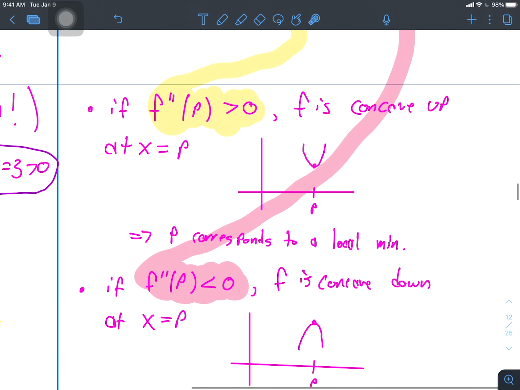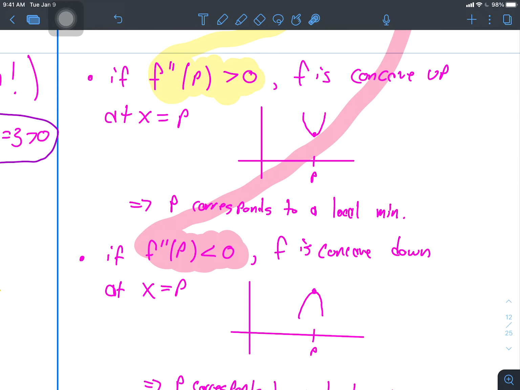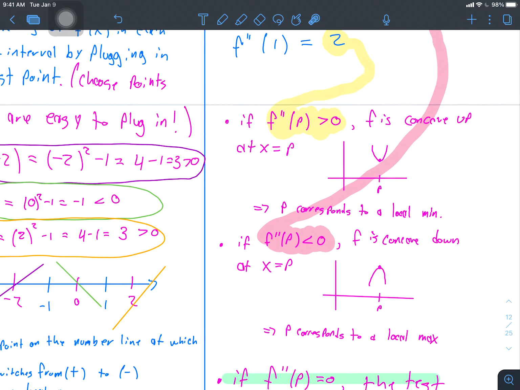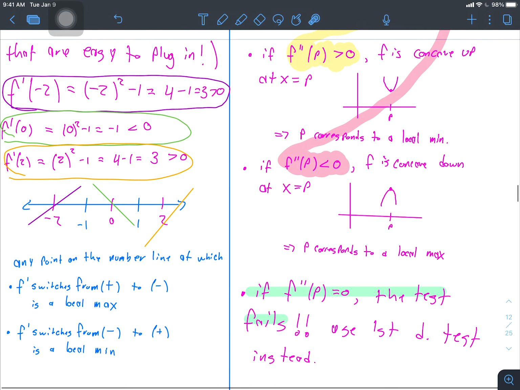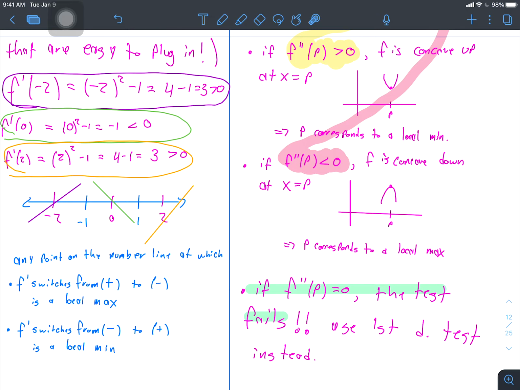So this essentially is a repeat of the conditions. It says, if the second derivative is positive, the function's concave up, and therefore we get a local minimum. If the second derivative is less than 0, then the function is concave down, and therefore we get a local maximum.